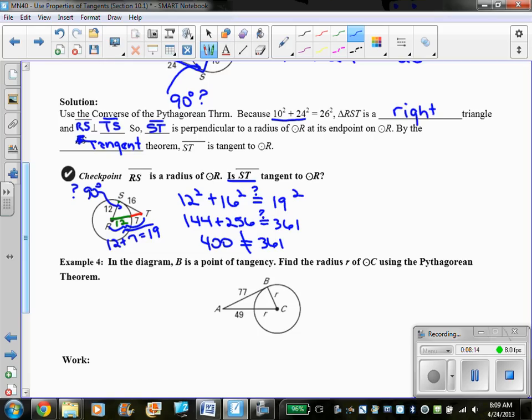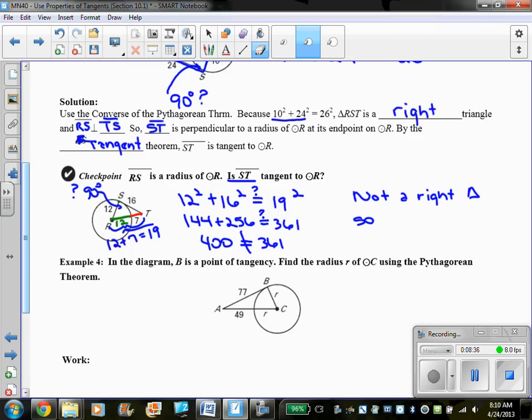If it was reversed, it would be an obtuse triangle, kind of taking us a step back again to chapter 7. So what would we say here? Well, here's what I would say. Not a right triangle. So ST is not tangent.